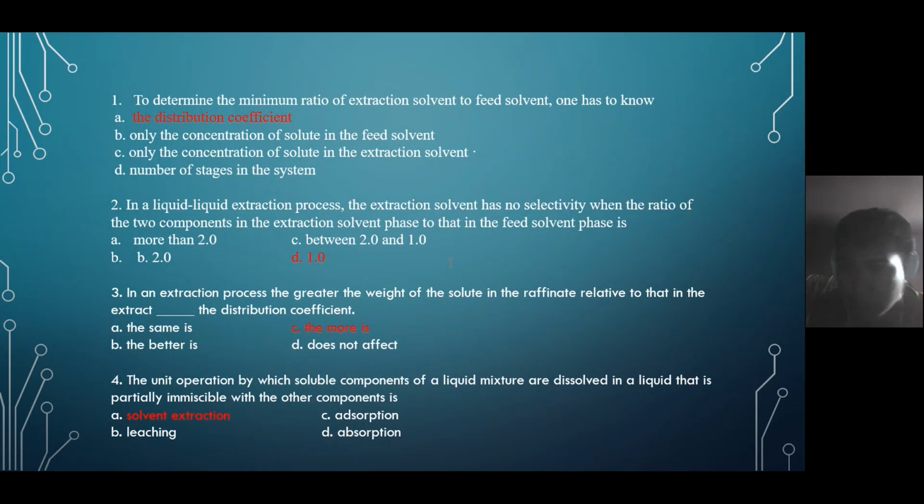Solvent extraction is a method of separating compounds based on relative solubilities. The primary objective is to dissolve, solvate, a target molecule or compound, the solute, in a liquid solvent and wash them out of solid plant material. The solvent will then be separated from the solute, allowing the solute to be concentrated. That's why our answer is A, solvent extraction.